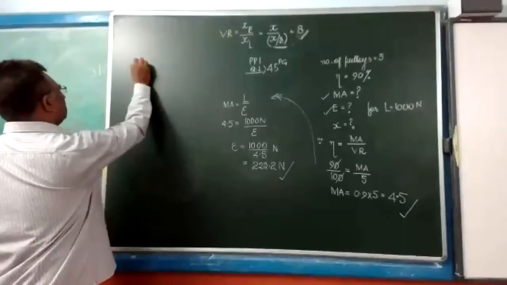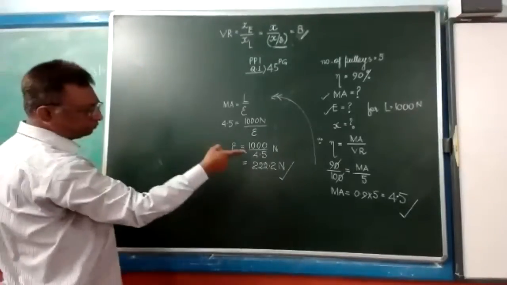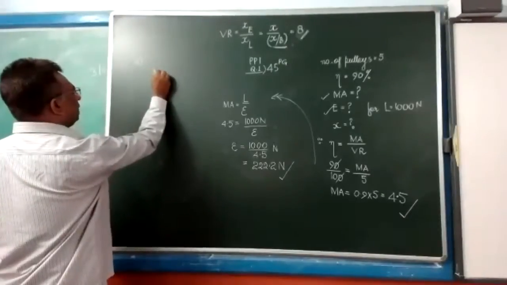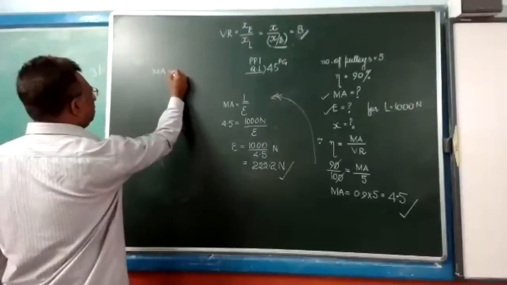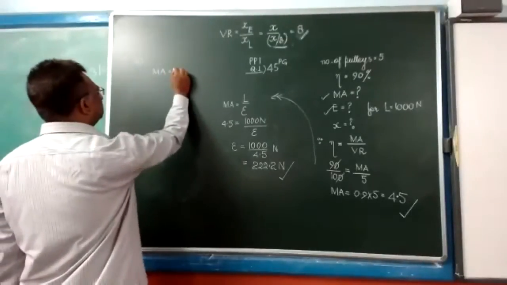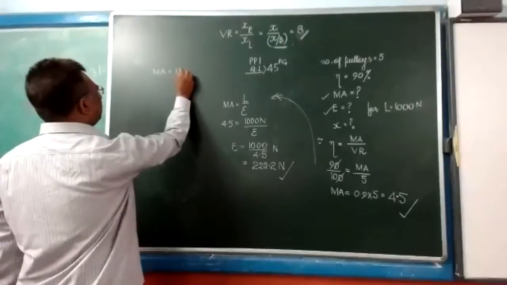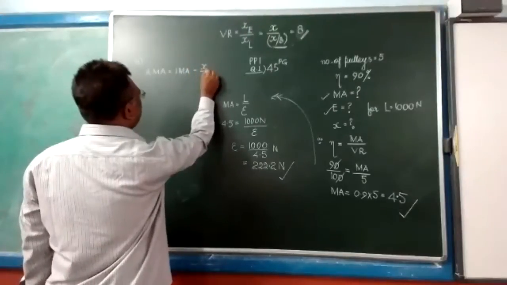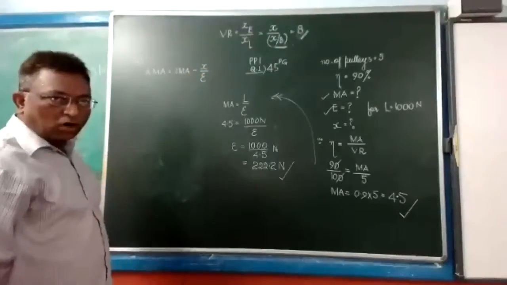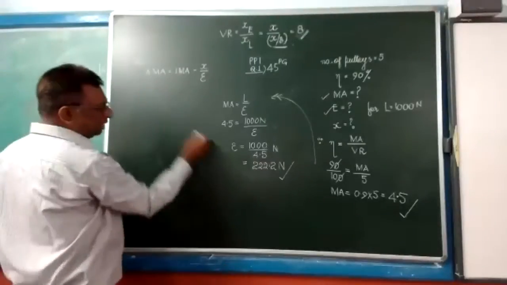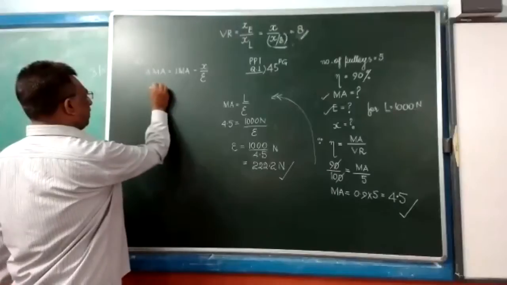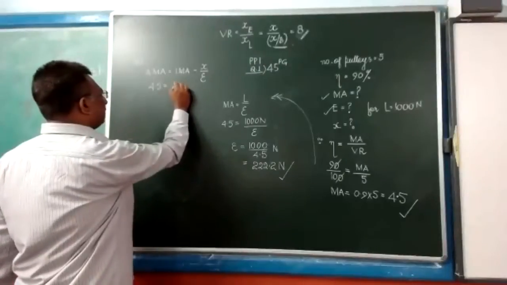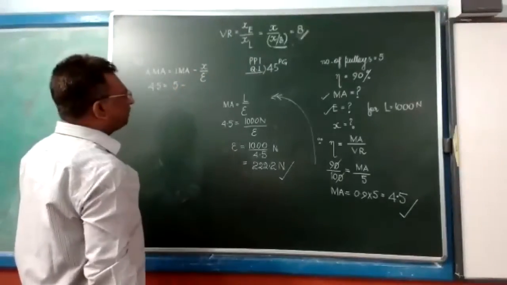It is the third part. Mechanical advantage is equal to IMA minus x by t. AMA is how much? 4.5. IMA is always equal to PR, so we can write here 5 minus x. What is the value of x?